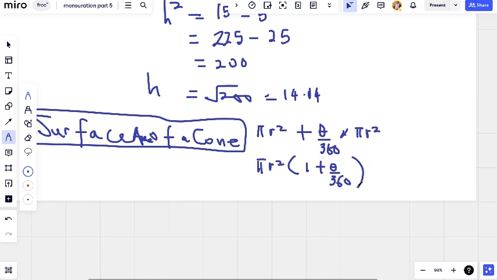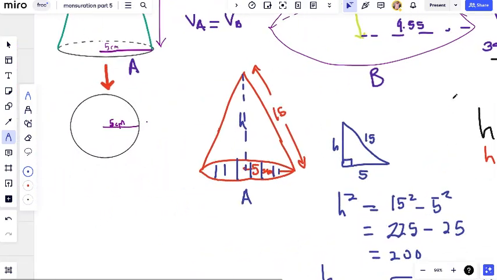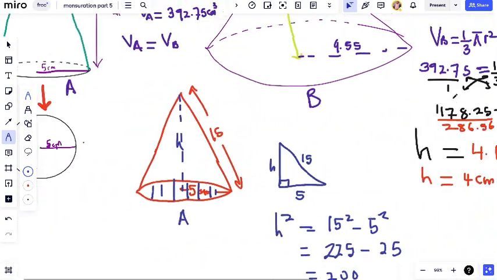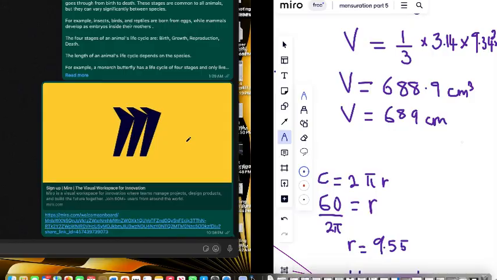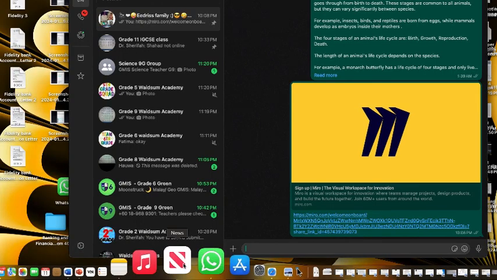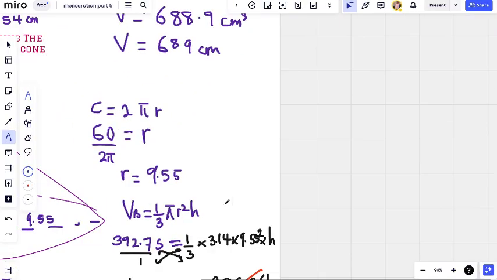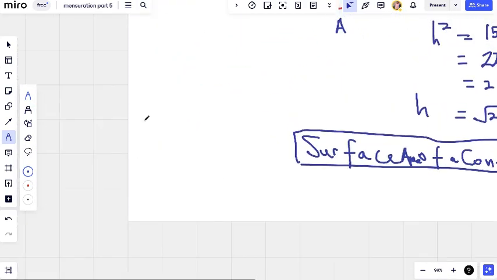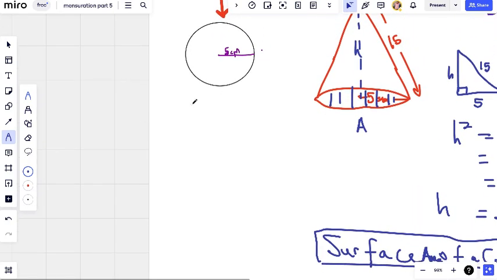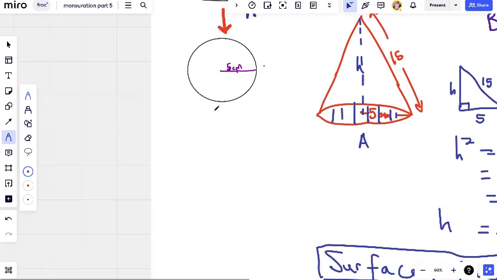Okay. Now, what if we have a question like this one? We have the shape we drew at the beginning.